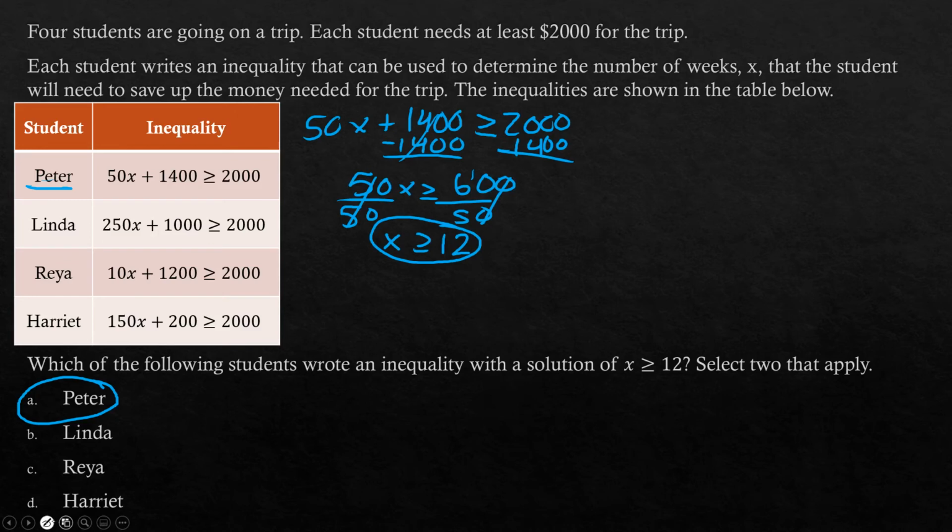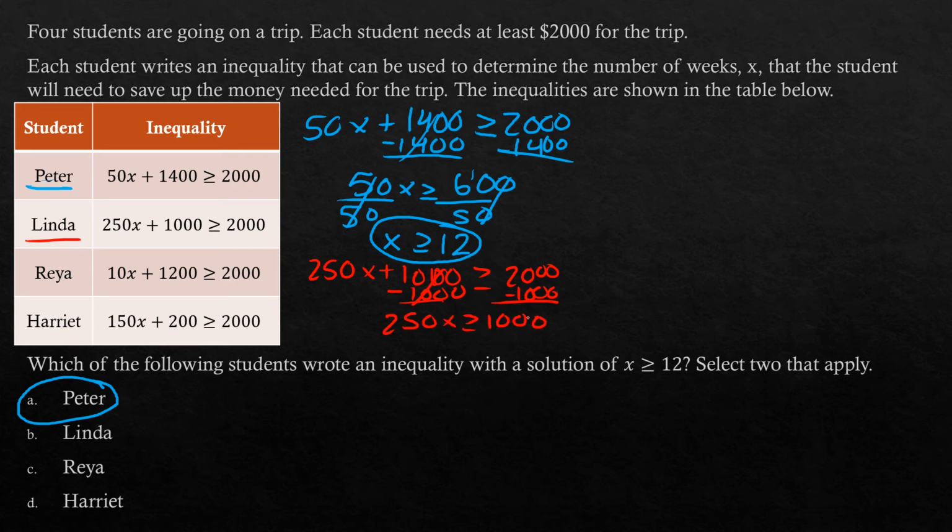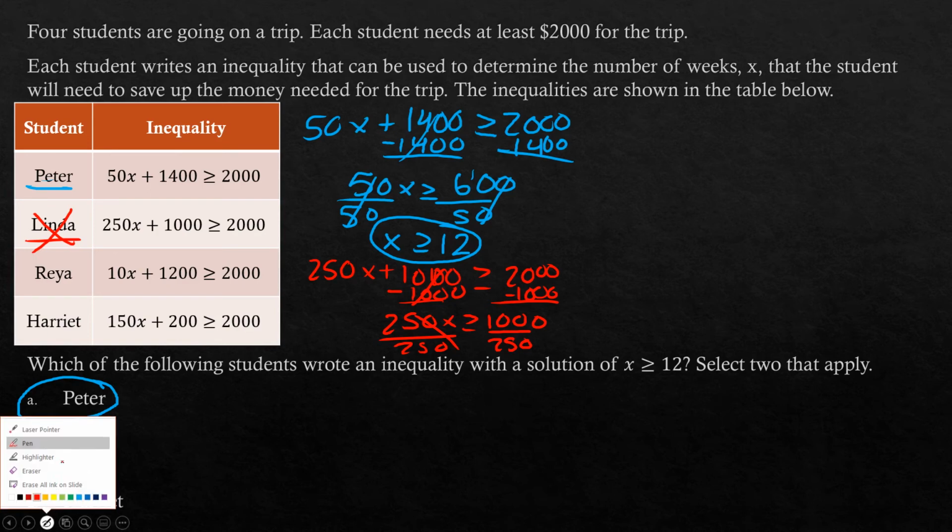I'm going to switch colors and let's do Linda. So I have 250x plus 1000 greater than or equal to 2000. When you subtract 1000 from both sides, I have 250x is greater than or equal to 1000. Divide by 250. 1000 divided by 250 is 4, so Linda will not.